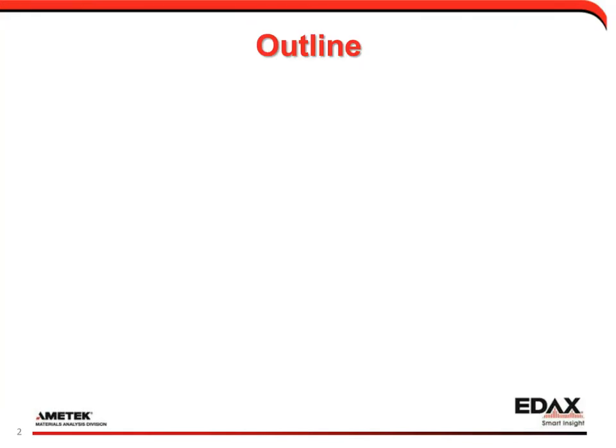So, a brief outline of what we're going to be talking about. We'll start with a very short introduction to SEM and electron imaging, just to go through what signals we're looking at and what we can expect to see in the different images and the different acquisition modes. And of course, we want to use the SEM as an X-ray analysis tool.